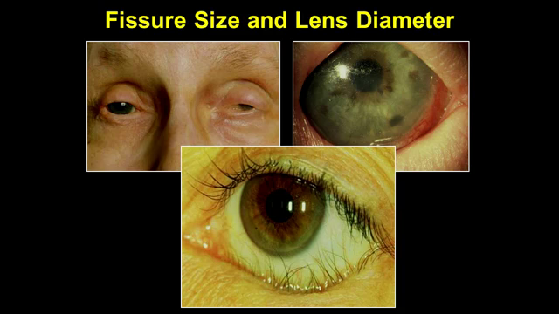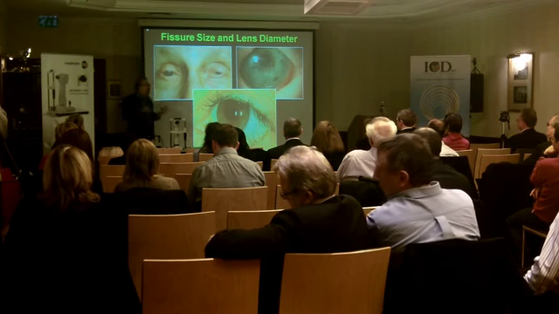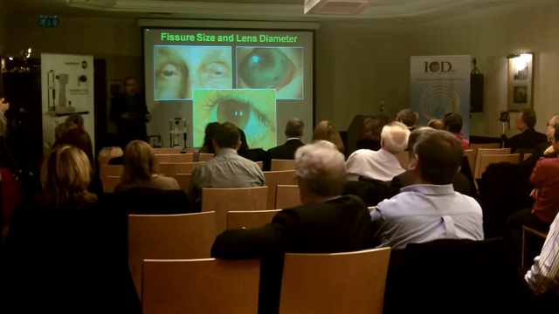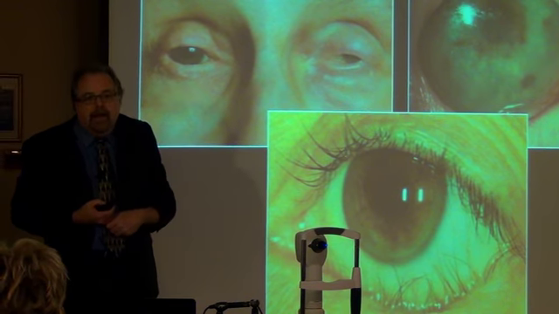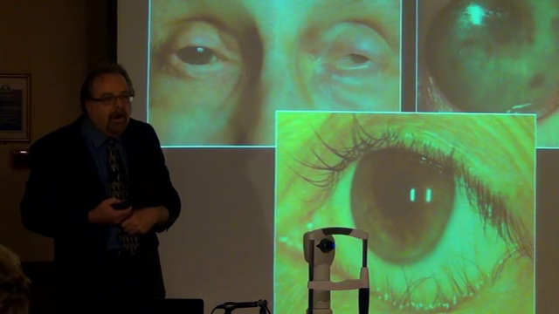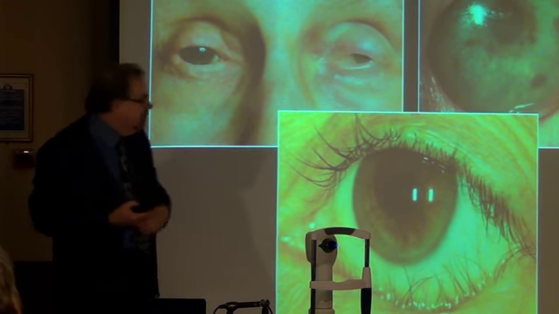Now, what about lens diameter? Because this is an intriguing area. What is the optimum lens diameter for a scleral contact lens? And a lot of that is going to depend on the underlying pathology.